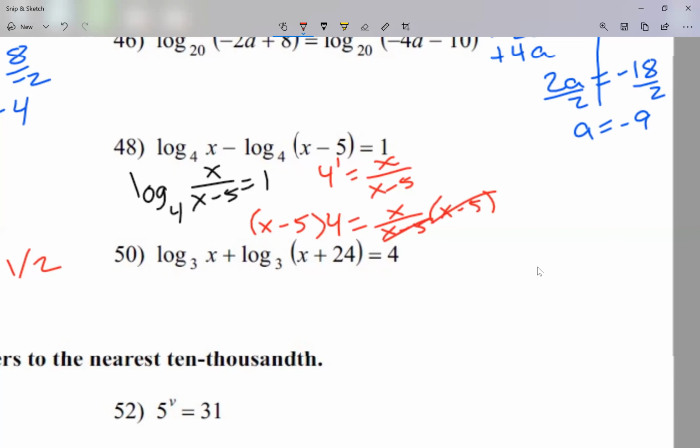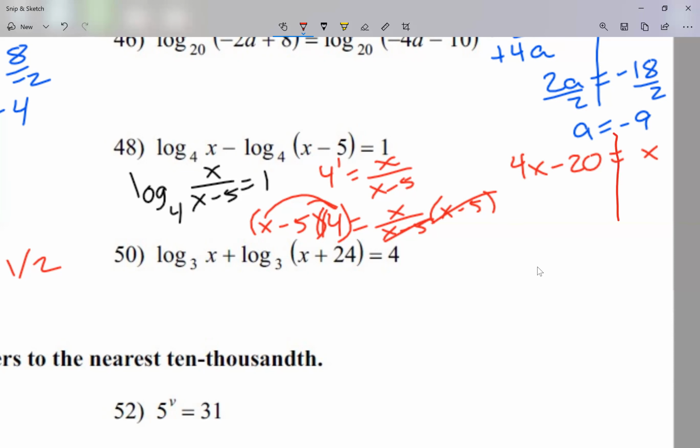All right, so looking at the left side of my equal sign, x minus 5 times 4. When we multiply, I'm just going to distribute the 4. So that's going to give me 4x minus 20 equals x. On the right side, I only have an x. So 4x minus 20 is equal to x. Let me separate them through the equal sign. I'm going to move the x to the left side, so the plus x, let me move it as a minus.